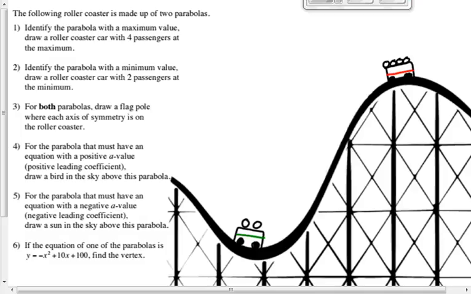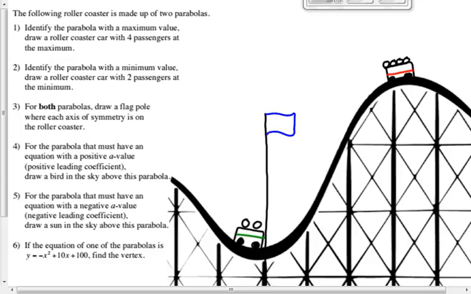My vertex would be my actual maximum, my actual minimum. So I'm going to put a big circle just to show you where I'm doing this. Here is the minimum of this parabola. So I'm going to come in at my minimum, and I am going to put a flagpole. And let's just give it a nice blue flag.